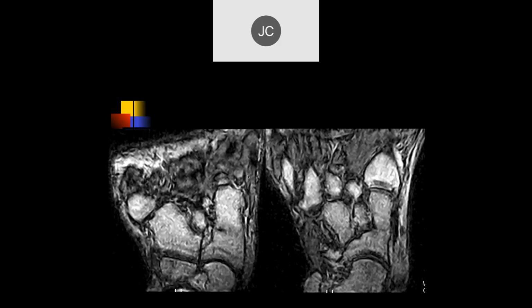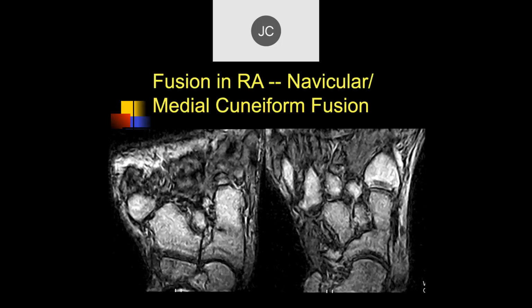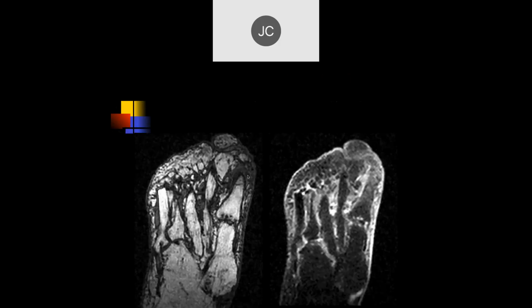Okay, so here we have fusion of the navicular with the medial cuneiform. So you get fusions basically everywhere. Here we can see more bone fusions in rheumatoid arthritis.